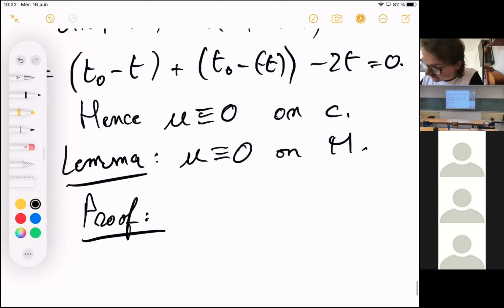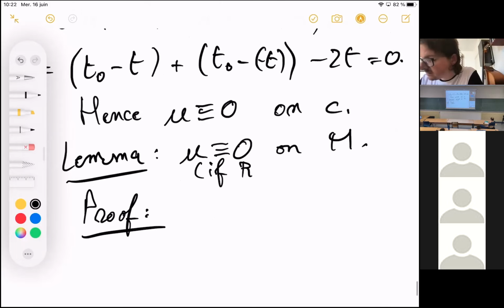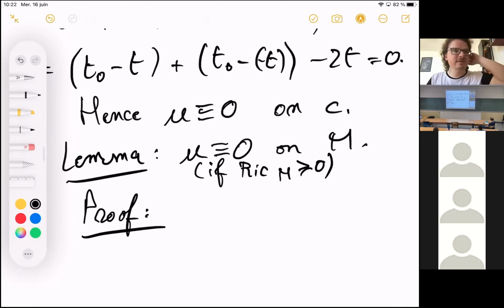I haven't used non-negative Ricci so far. This is where we use non-negative Ricci curvature. So how do we prove that? Well, now we need to use Ricci curvature.